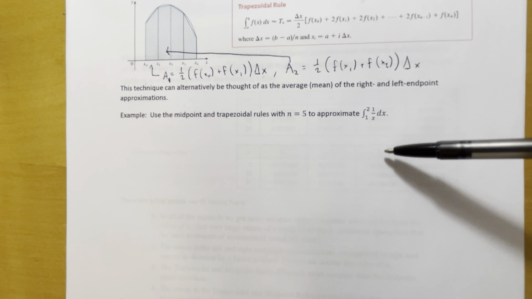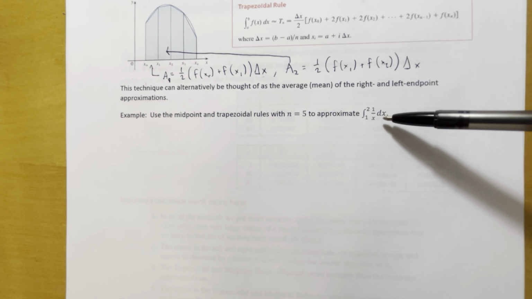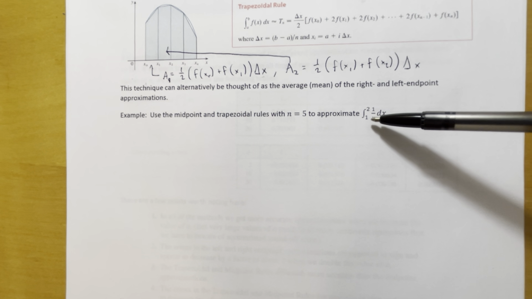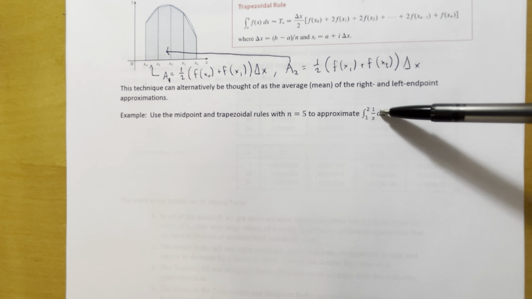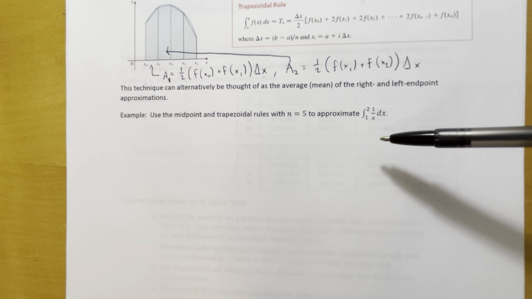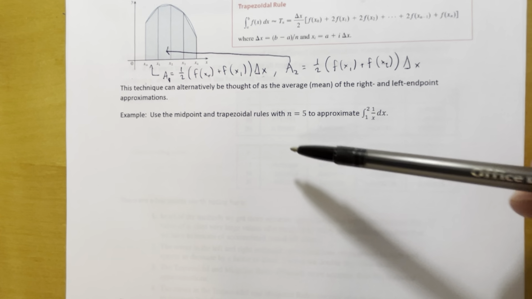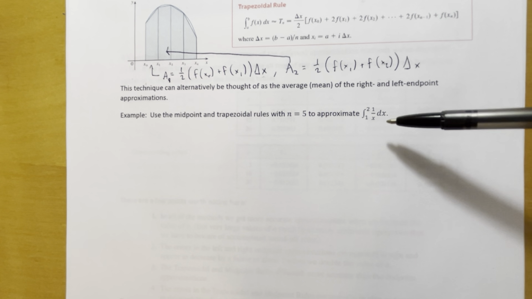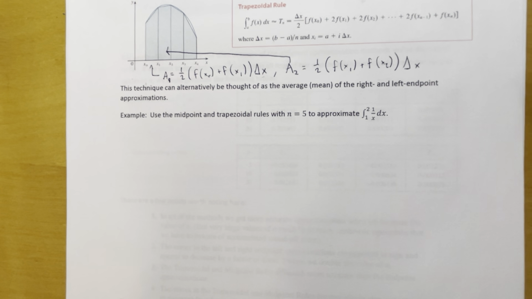I'm using the exact examples that show up in the textbook, and the reason I'm doing that is that the integral here, this integral from 1 to 2 of 1 over x, is a really good illustration for all of the comparison that we're going to do in this section between these approximation methods. On top of that, the book has a couple of really useful tables where they compare some results using this definite integral, and I wanted to use those tables.